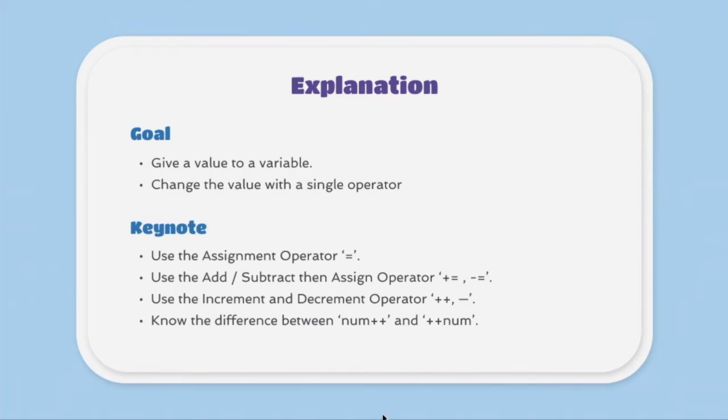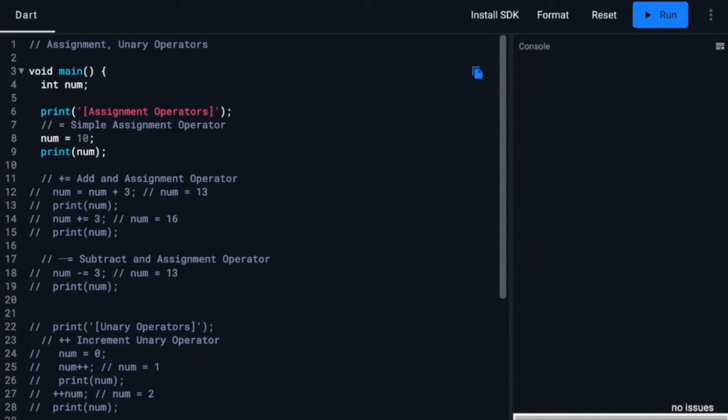Particularly, we will look at the assignment equal, and then assign plus equal, minus equal, and double increment and double decrement. Now let's begin. Today we are going to learn about assignment operators and unary operators.